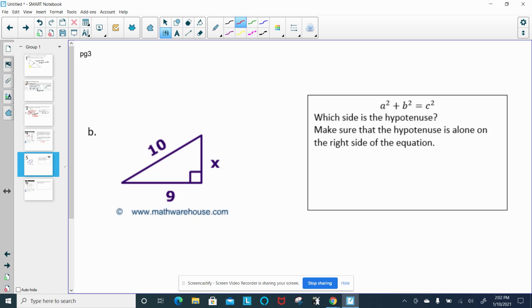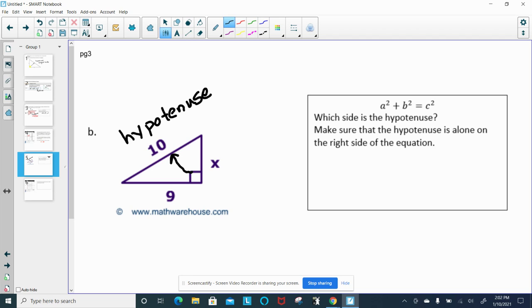Let's turn to page 3. How about this example? Let's label our hypotenuse. Starting at the 90-degree angle, drawing an arrow opposite, I get that my hypotenuse is 10.